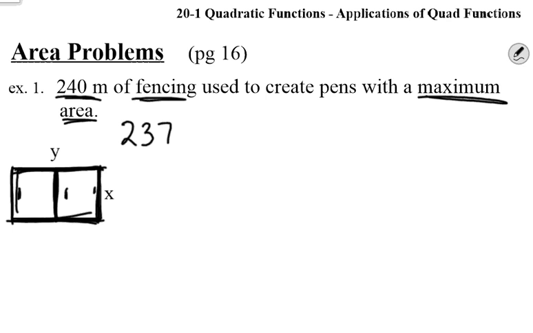Divide that by 2, we would have 118.5. So I could have a pen that's 1 meter by 118.5 meters, because that would use 240 meters of fencing. That's one possibility.